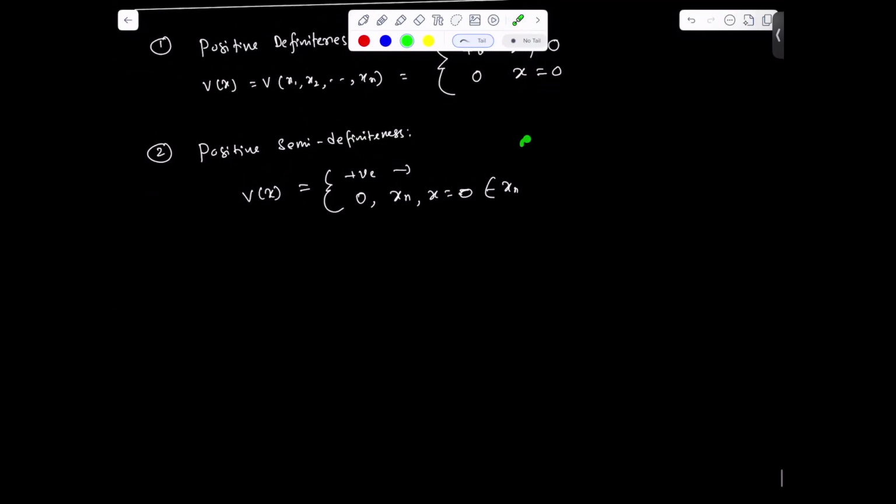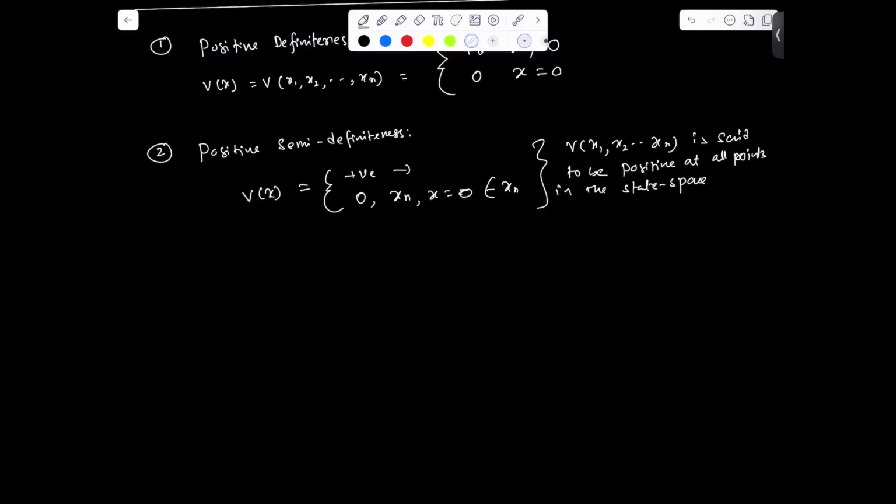So you can write here: V(x1, x2, ..., xn) is said to be positive at all points in the state space except one or more points in the state space, including the origin x equal to 0, where V of x will be 0.